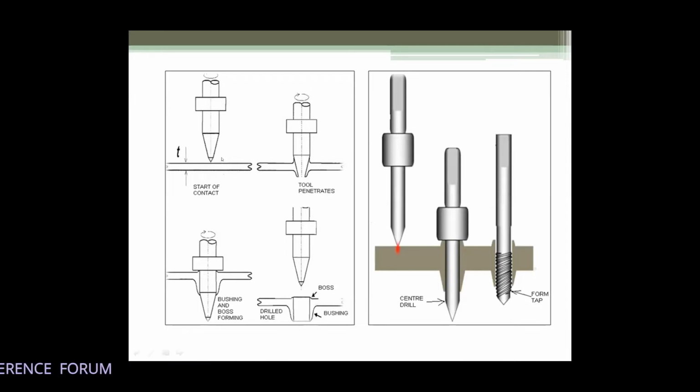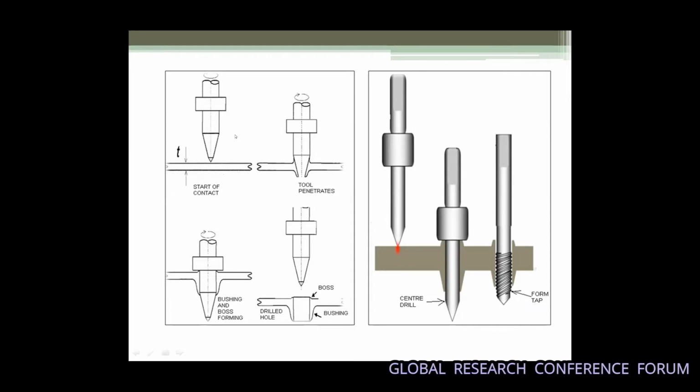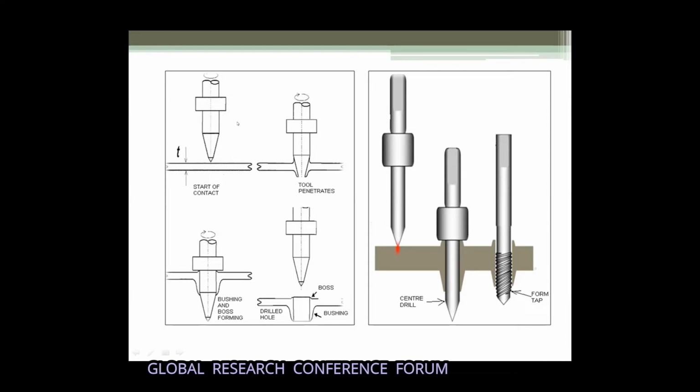This is the conical drilling tool. It consists of the center region, conical region, bush region, shoulder region, and the shank region. With the help of that, we generally do the drilling.